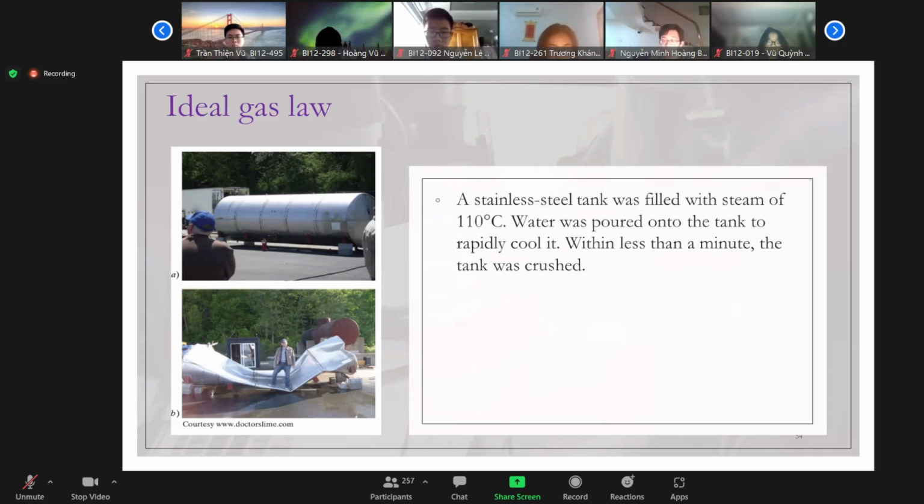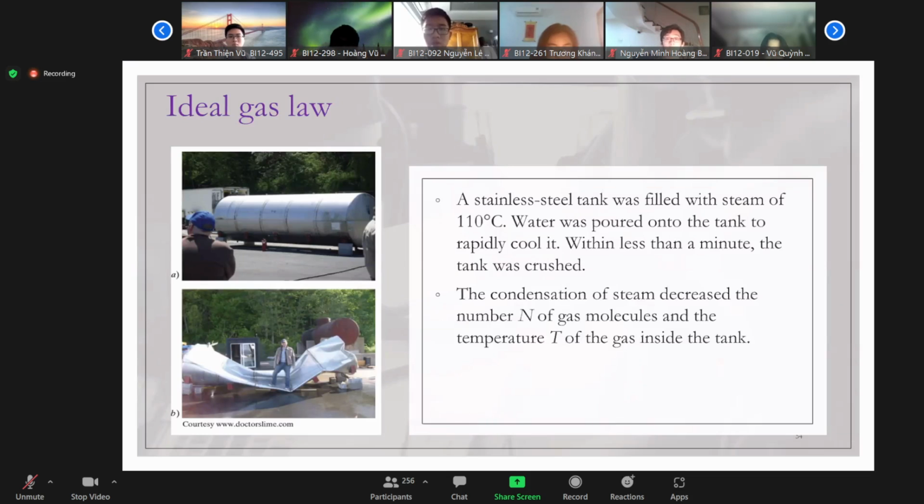So V constant, n constant, R constant, then the higher the temperature is, the higher the pressure is, and vice versa. Now, when we rapidly cool it, we also decrease the pressure inside of this volume.